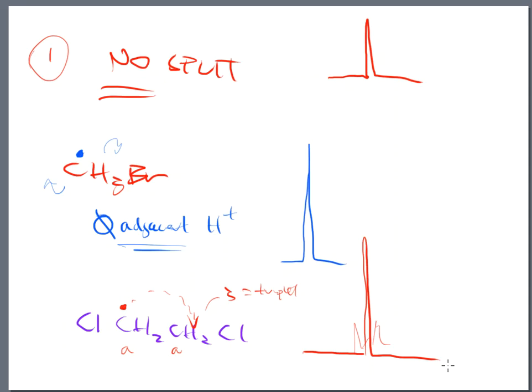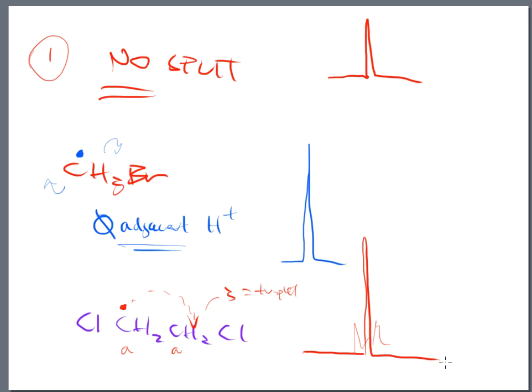And the reason is because equivalent signals do not split each other's signals. You have to keep in mind that these signals are the same, right? So because the signal is the same, they do not split each other's signals.